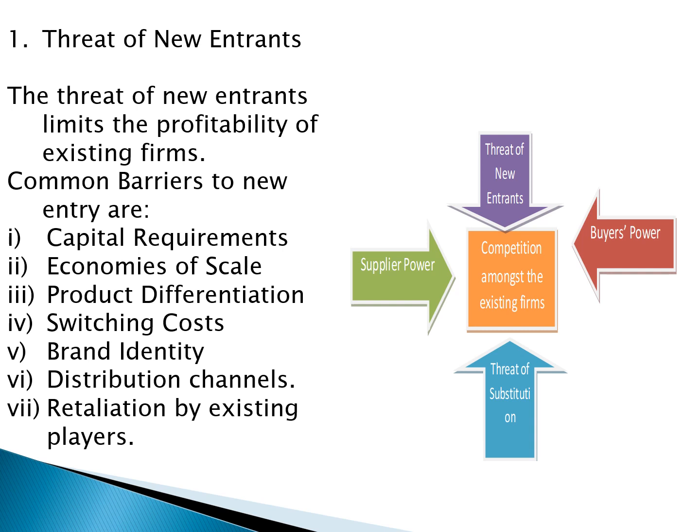The common barriers to entry include, firstly, the capital requirements. When a large amount of capital is required to enter an industry, firms lacking funds are effectively barred from that industry, thus enhancing the profitability of the existing players.